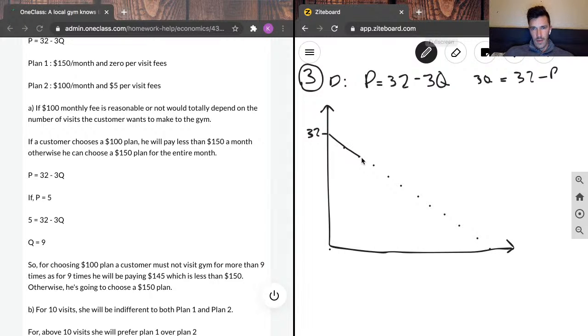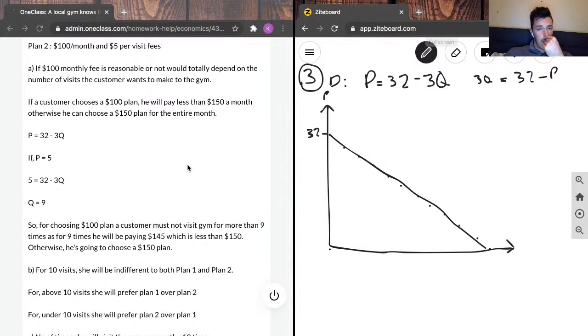So our demand curve, if I'm not mistaken, it's going to look something like this, P. Oh, that doesn't make sense because if Q is the number of visits, they're not going to demand less as they visit more. They'd be willing to pay a lower price when they get 10 visits.